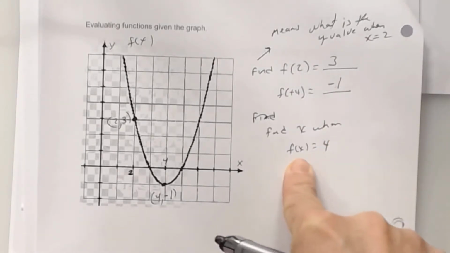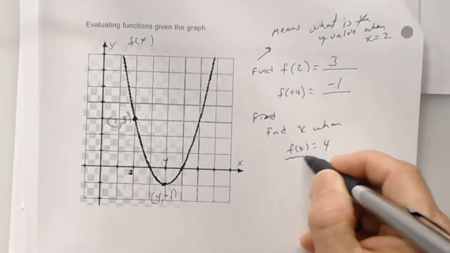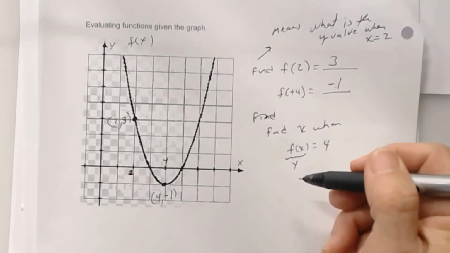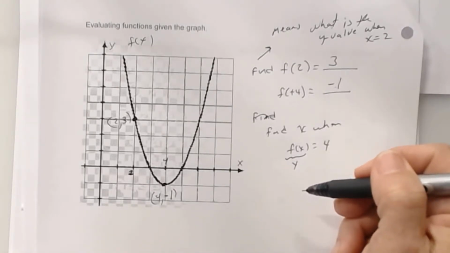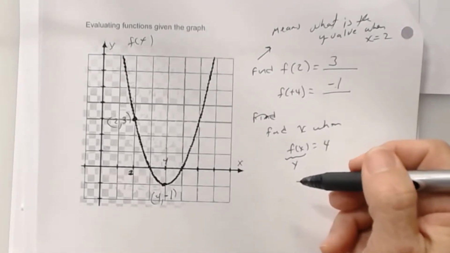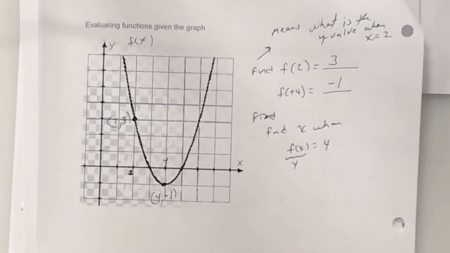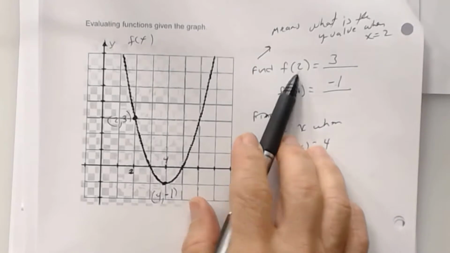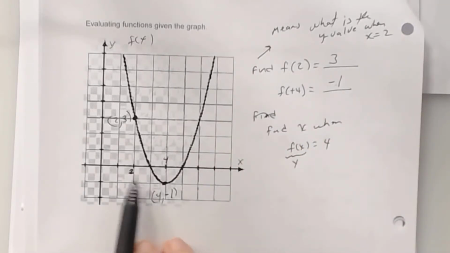Because remember, f of x stands for what? Y. So if you got to put a y underneath, put a y underneath. So now this time, in the previous two, when I said find f of 2, I went on my x-axis and I located 2, right?